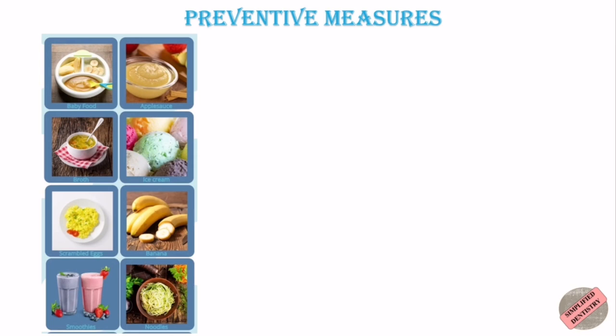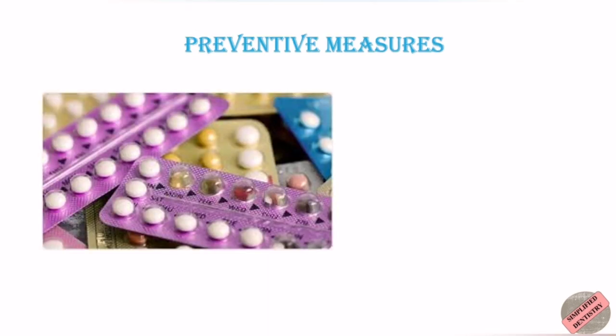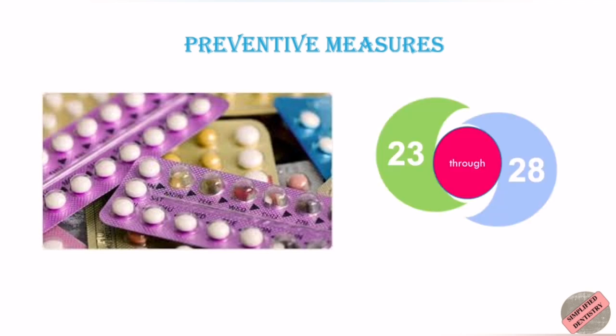Choose soft foods rather than hard or crunchy foods, as this can reduce the risk of damaging the socket and getting food stuck in it. Refrain from drinking carbonated or hot drinks, as both of these could cause displacement of the blood clot from the socket. For female patients on oral contraceptives, extraction should be performed during days 23 through 28 of the tablet cycle, that is the day when you are getting the lowest dose of estrogen, as this hormone can affect the ability of the blood to clot.